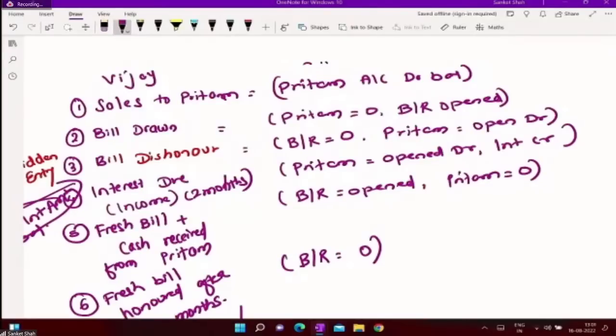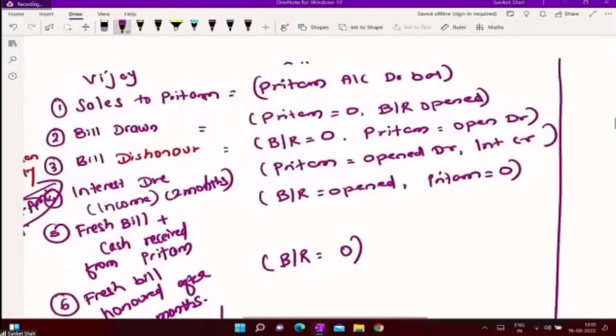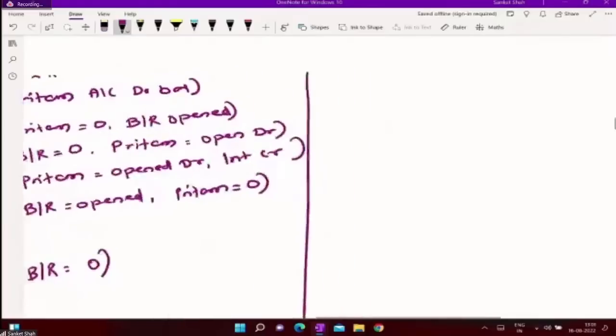Now you only tell me the 6 entries sequence in the comment section, in the books of Pritam.